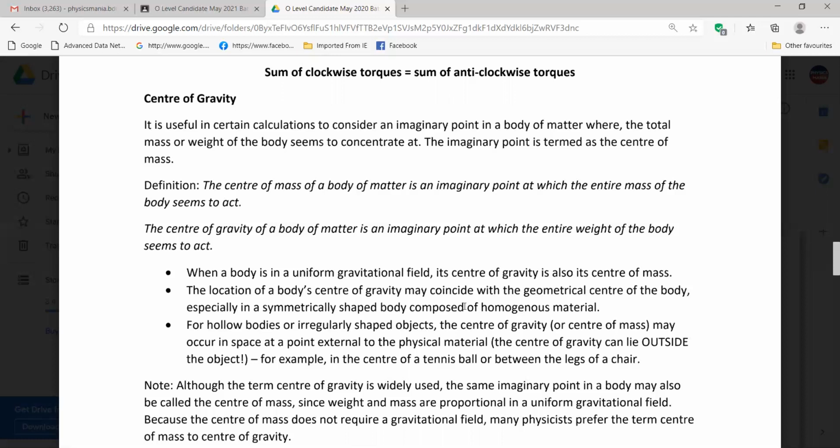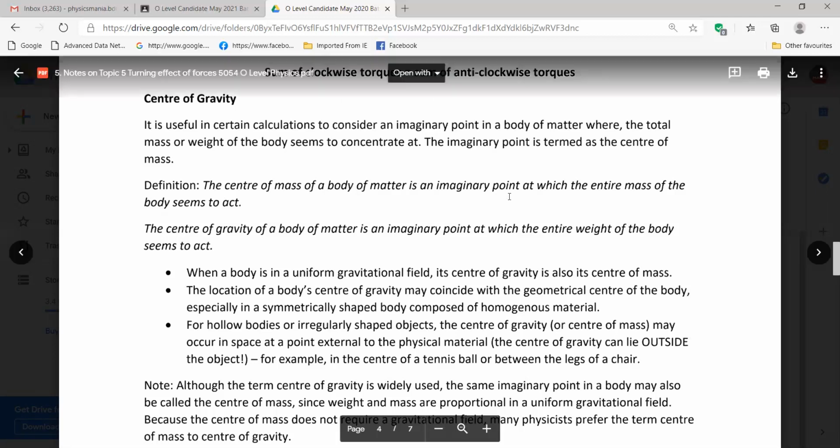And we can find the center of mass. The center of gravity of a body of matter is an imaginary point at which the weight of the body seems to act. So look, once they said mass, once they said weight, right?